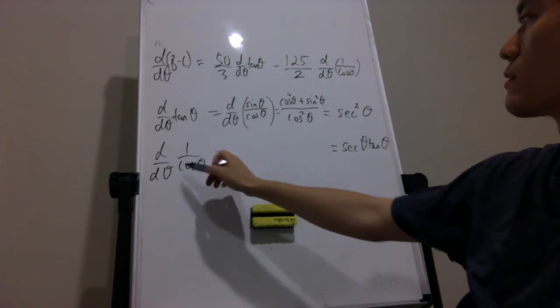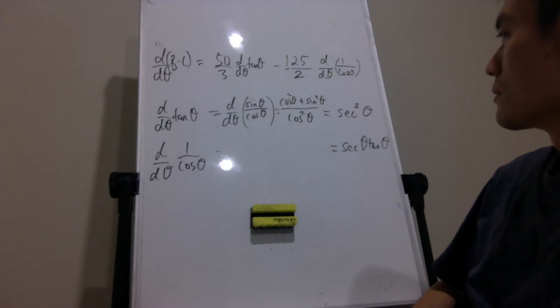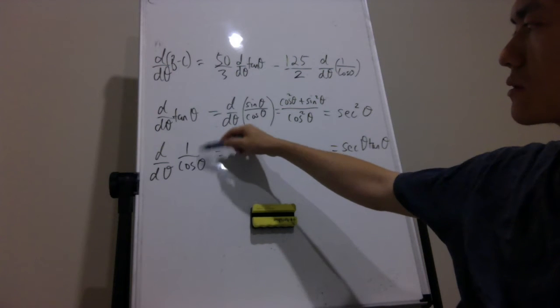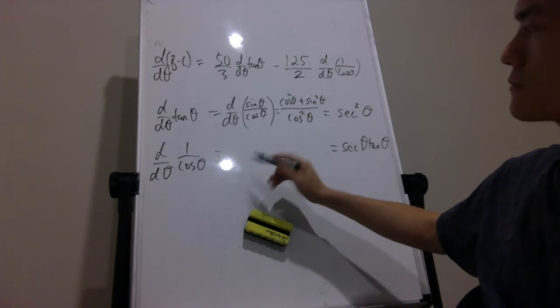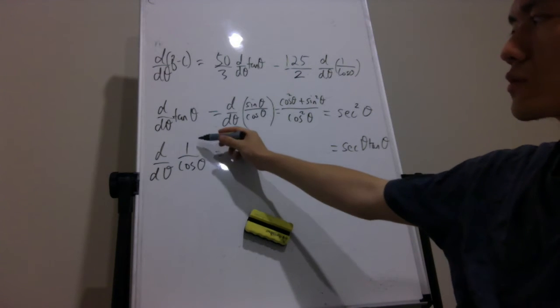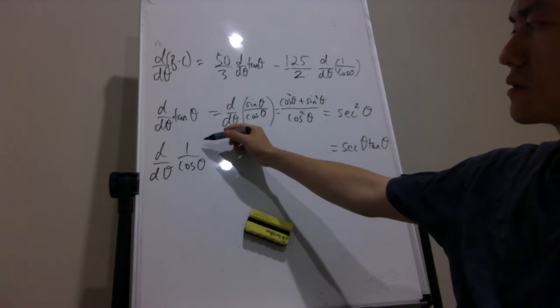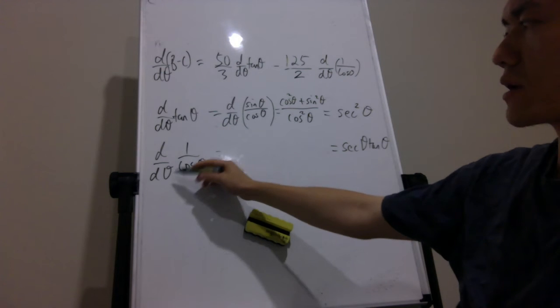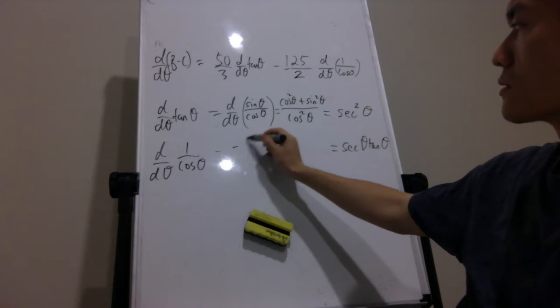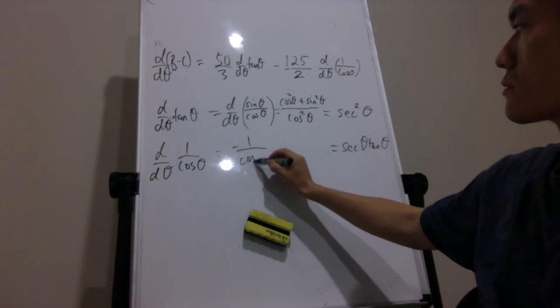And you can use a similar thing here. Or you could try to use the chain rule with 1 over as one of the functions. If it was just 1 over x, the derivative with respect to x would be negative 1 on x squared. Here it would be negative 1 on cosine squared theta.